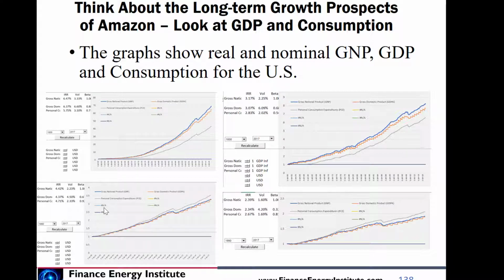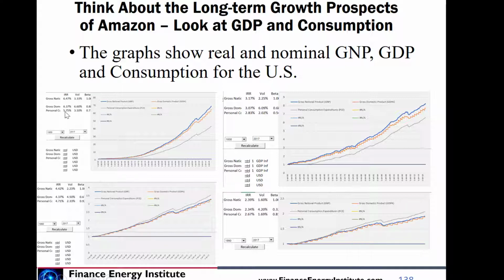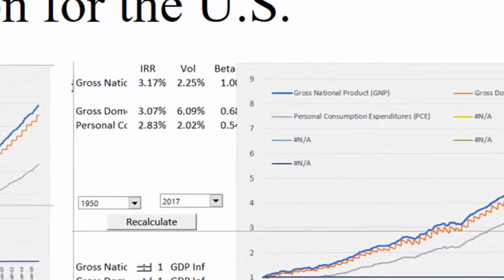They might grow at the rate of consumption. So you just click on the rate of consumption instead of looking at stock prices. You can see, in nominal terms, without deflating, including inflation, the consumption has gone up by 5%. When we take inflation out, it's about 2%.